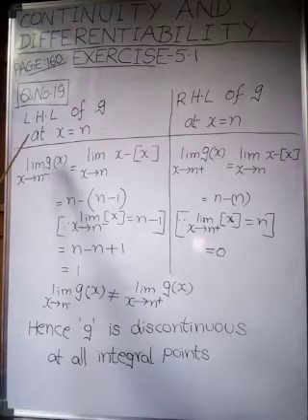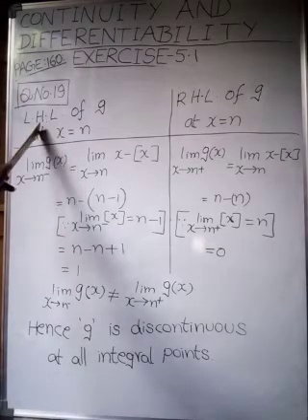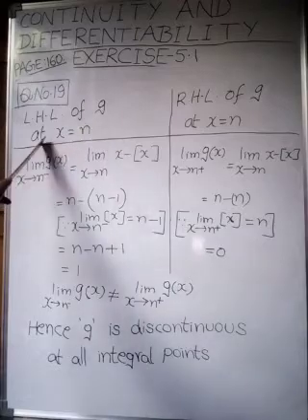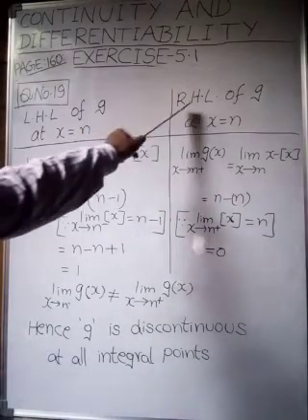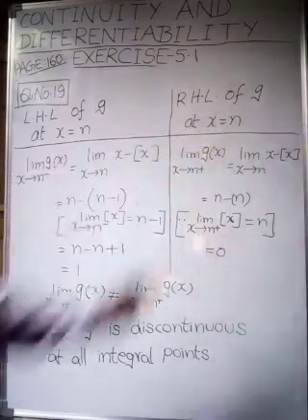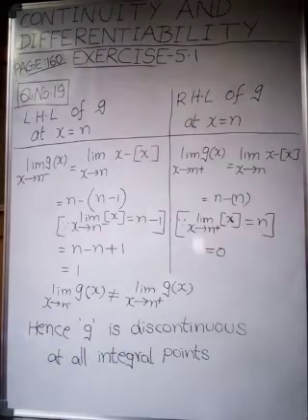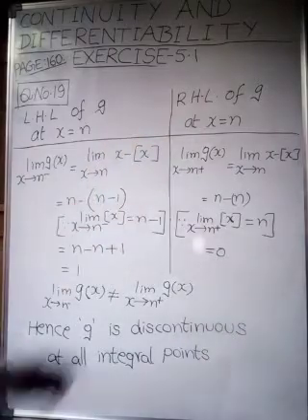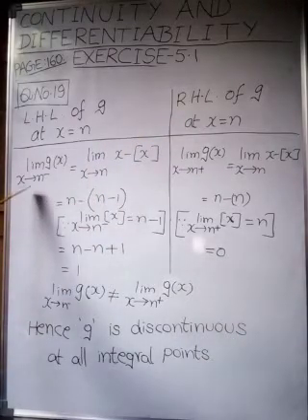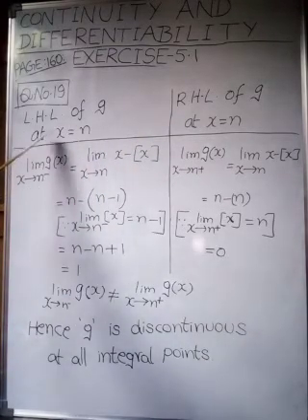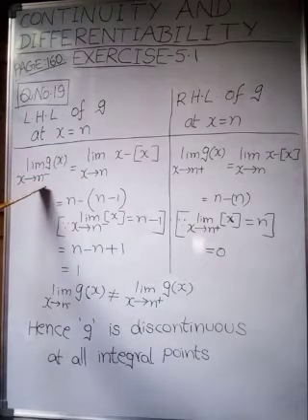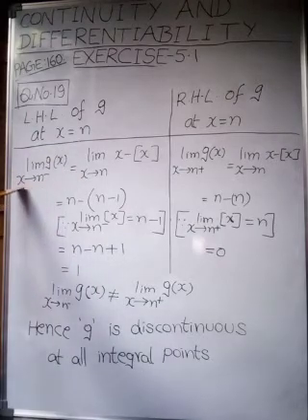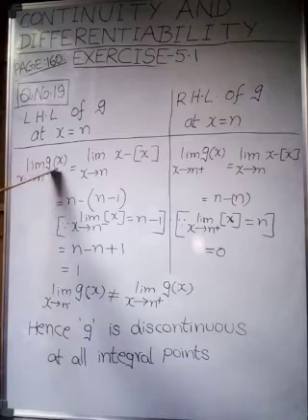Now we are finding the left hand limit of g at x is equal to n and the right hand limit of g at x is equal to n. We have considered n is an integer. At all integer points, we are finding the left hand limit and right hand limit. So the left hand limit of g at x is equal to n is denoted symbolically as limit as x tends to n minus of g of x.